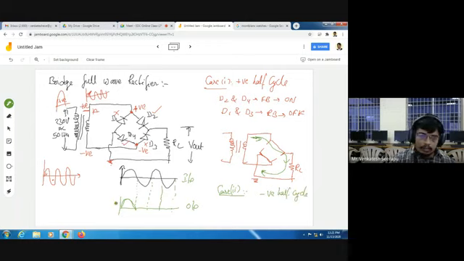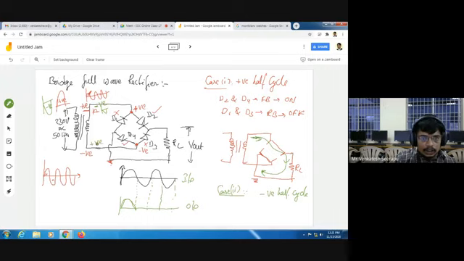So whenever I am giving a negative half cycle as an input, in place of a positive, now I am applying a negative half cycle as an input. Here also I will get a negative half cycle. So negative half cycle means here I am getting a negative sign, here I am getting a positive sign.